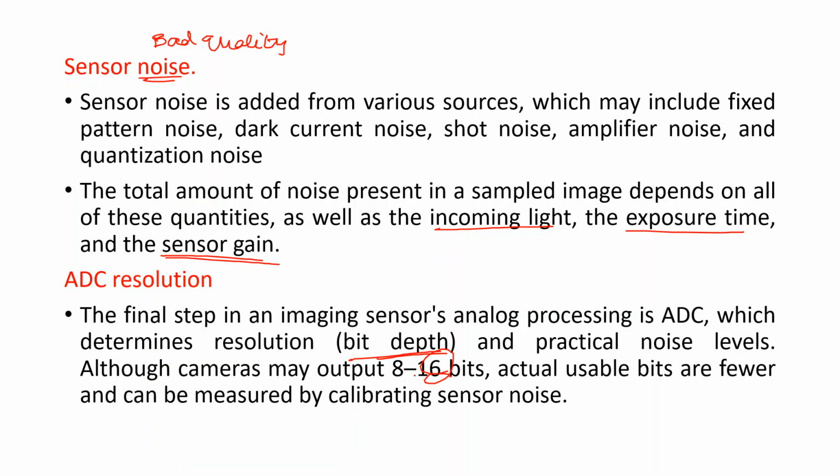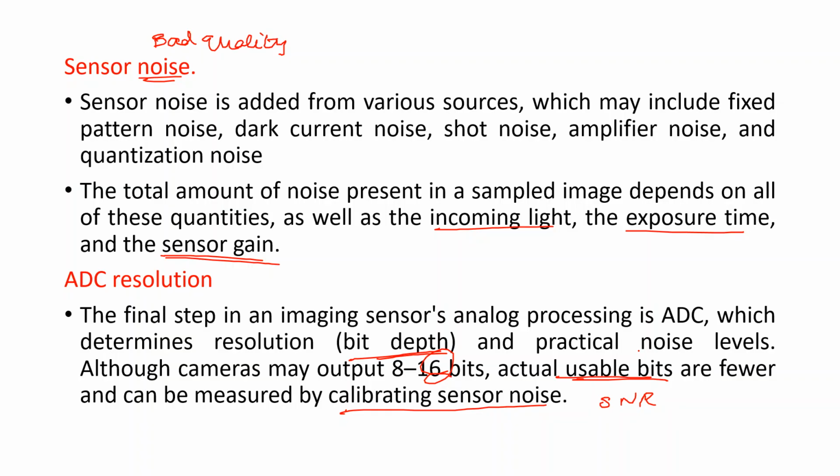Only the usable bits are used to convert the images. The usable bits are determined by calibrating sensing noise or by performing SNR testing. Usable bits are only used for converting the analog signals into digital signals.